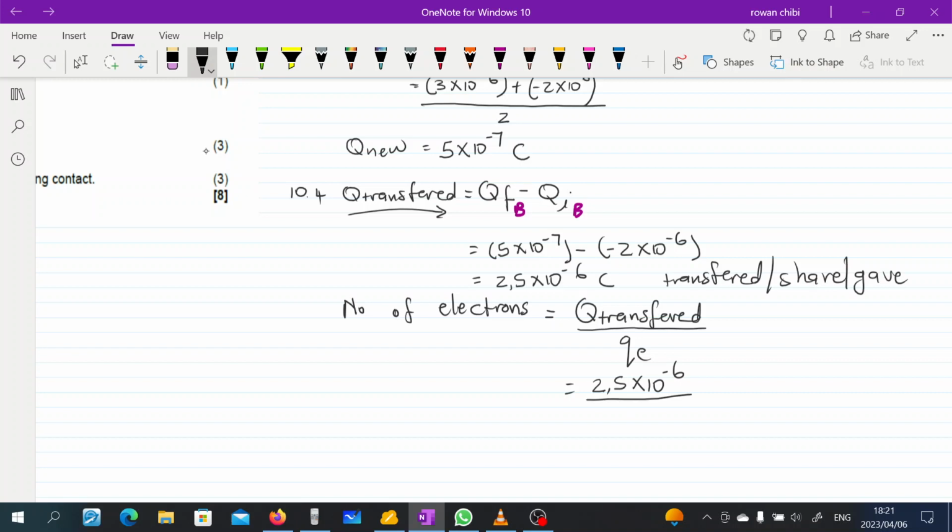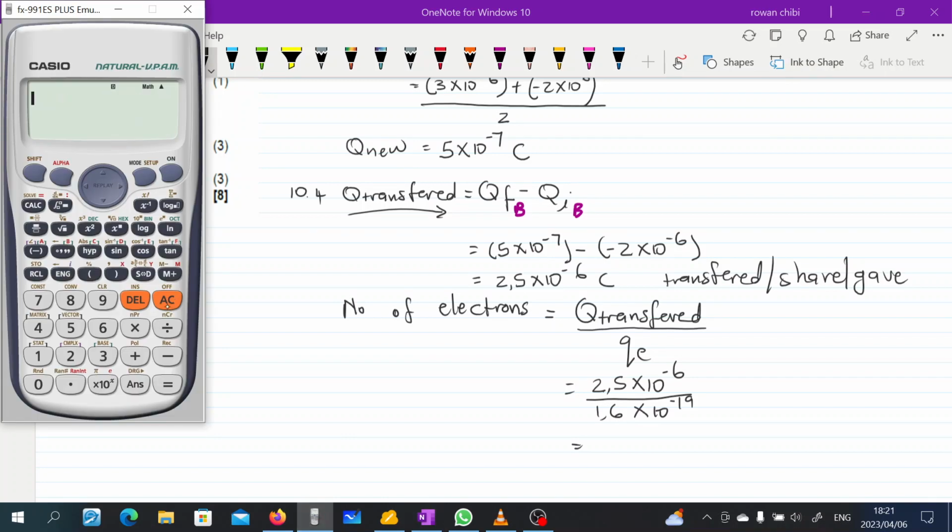The quantization of charge is 1.6 times 10 to the power negative 19. Then let's find how many electrons were transferred. Okay, let's form a fraction: 2.5 exponent negative 6 divided by 1.6 exponent negative 19.